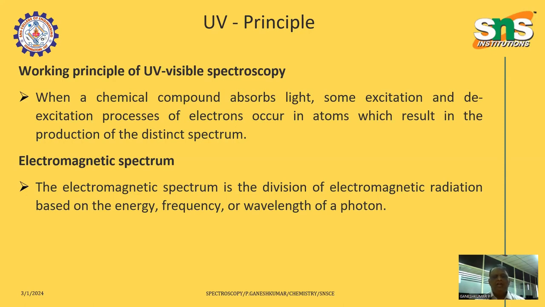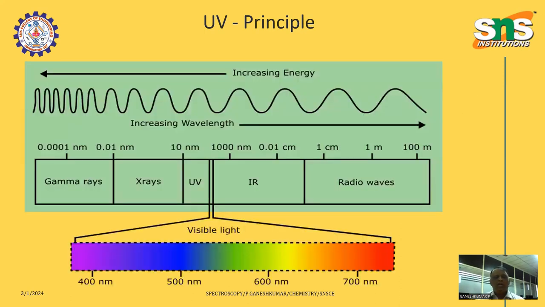The electromagnetic spectrum is the division of electromagnetic radiation based on the energy, frequency, or wavelength of a photon. We already discussed this in the first session. Electromagnetic radiation is classified from gamma rays to radio waves, depending on the frequency or the wavelength.